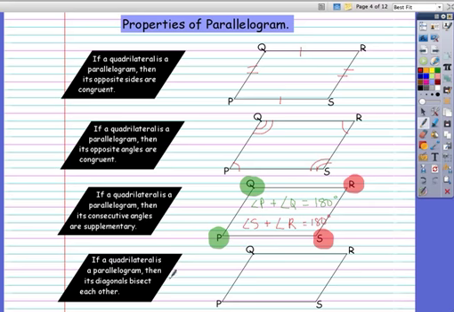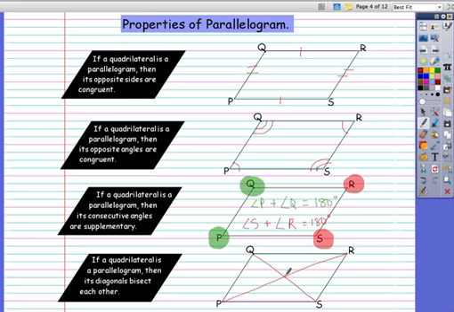And one last thing to qualify something as a parallelogram is that the diagonal drawn between opposite angles, so between P and R, this is my diagonal PR, and I have a diagonal between these opposite angles, Q and S. These diagonals bisect each other. Remember that the word bisect doesn't mean they just intersect.